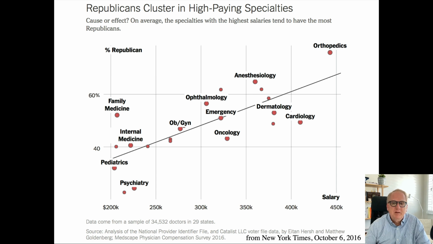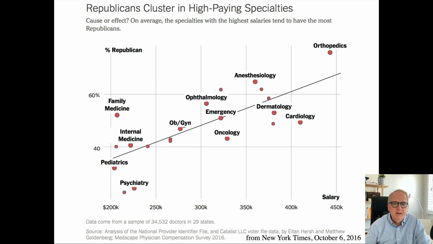That is, perhaps it's because they make so much money that they favor political issues and policies that benefit them being wealthier, whereas the people on the left in those specialties aren't making as much money, so they're not as invested in those particular political attitudes.